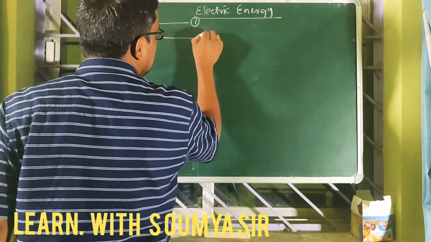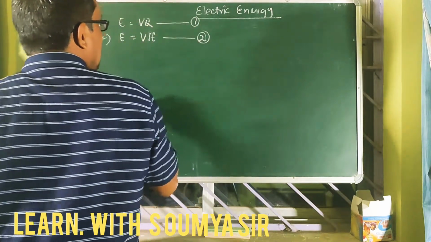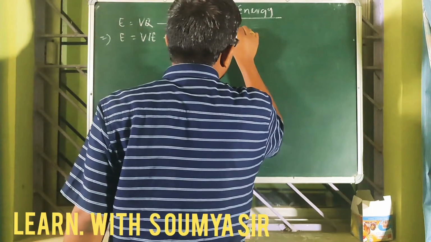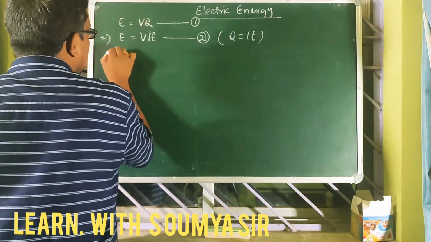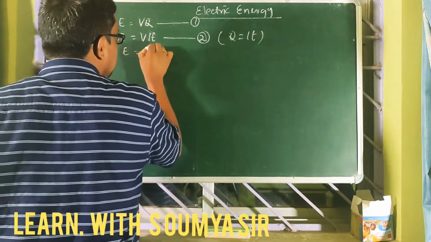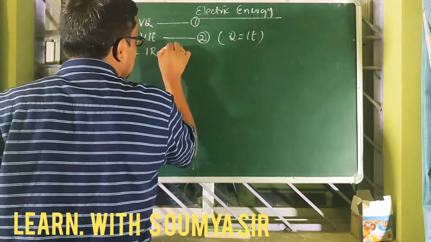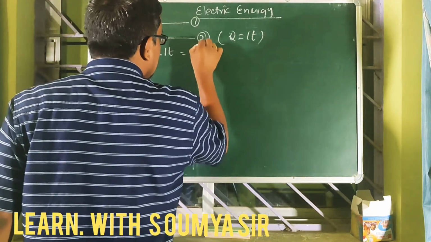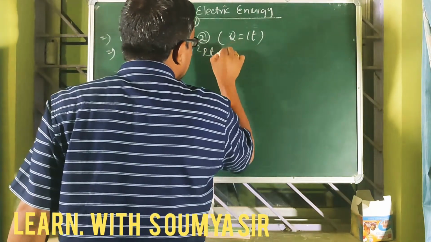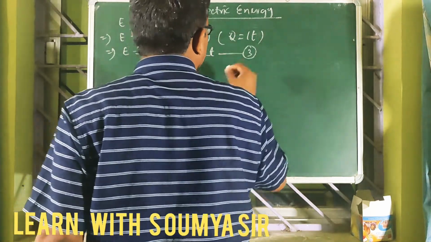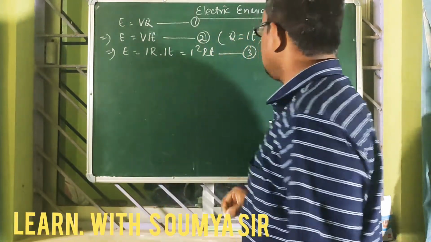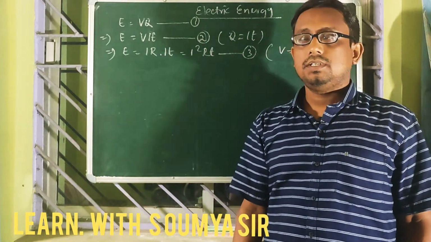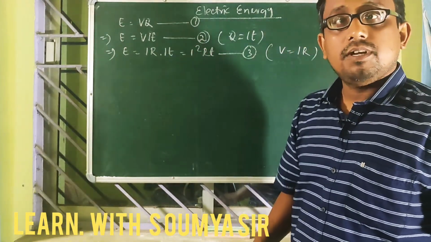This is the second equation. Here Q is equal to IT, and putting V is equal to IR, E is equal to IR into IT, which is I square RT. This is the third equation. Clear? These are the three formulas.